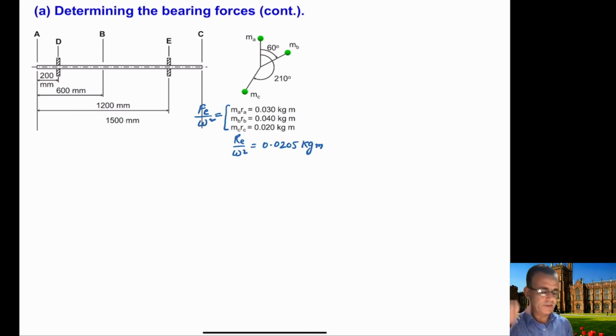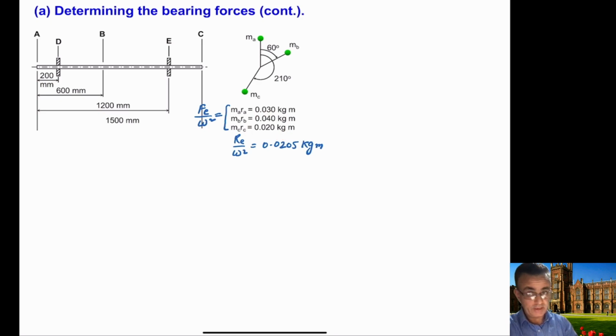So the centrifugal force divided by omega square will provide you with MARA, because centrifugal force is MARA omega square. So this reaction force divided by omega square is similar to these mass times radius.